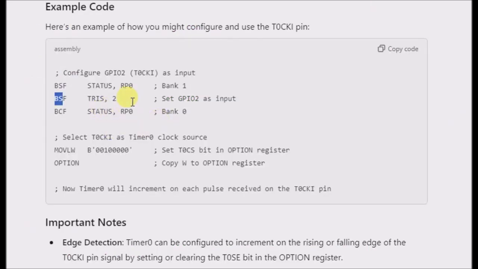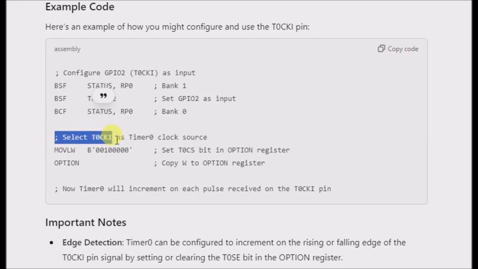But in this case, I guess if you want to use that TOCKI pin, you're going to have to set GPIO2 as an input. This is like bank selection, which I don't think is related to this chip, although it might be in bank 0 for sure. I know the status register in the 16F series has a bank select in the status register, I think, if my memory serves me correct.